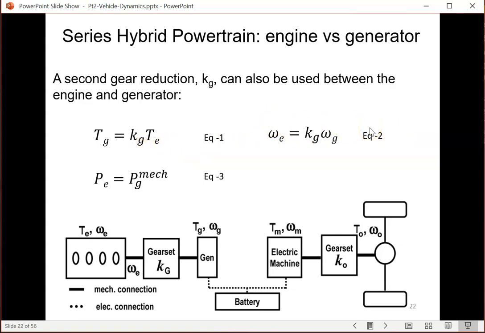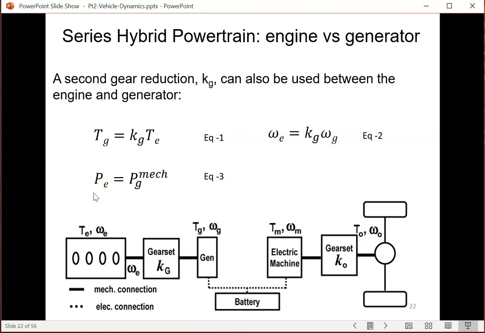Output torque equals kg times input torque. Input velocity equals kg times output velocity, or output velocity equals input velocity divided by the gear ratio. So that's defining equations 1 and 2.